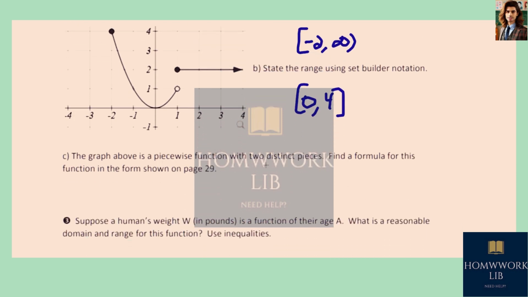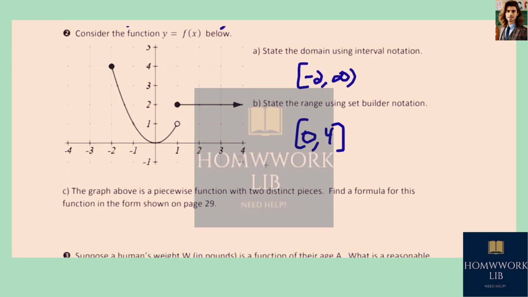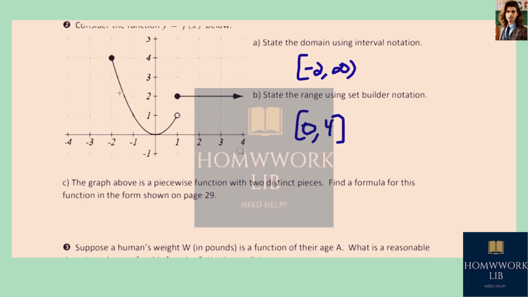We want to find a formula for this function. Okay, well, we've got a quadratic. If we go left to right, we're quadratic, and it's the simple one, it's just x squared.